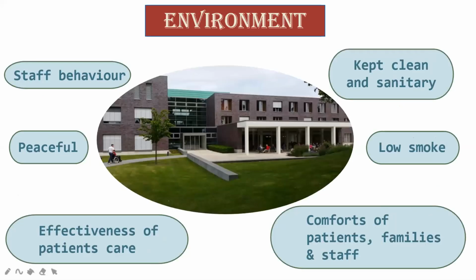And this is the environment: staff behavior and peacefulness with the patients, effectiveness of patient care, comfort of patients, families, and staff, low smoke in the environment, and keeping the hospital clean and sanitary.